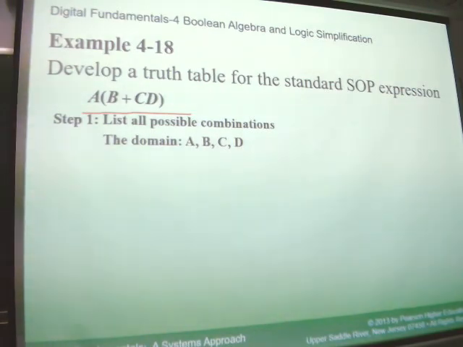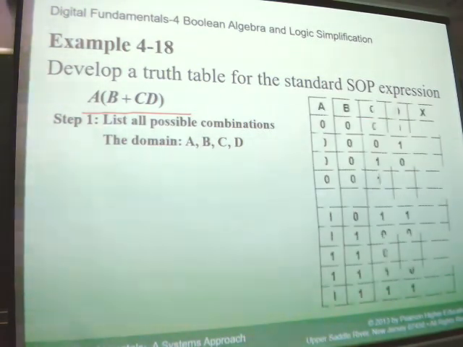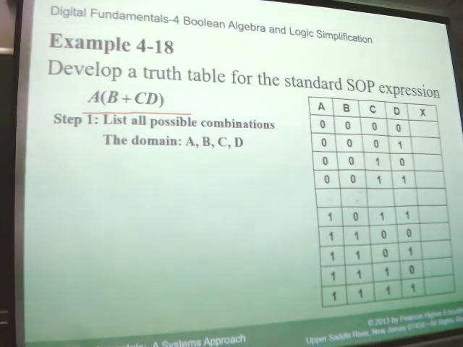The domain includes 4 variables, A, B, C, D. So there are 2 to the power of 4, that is 16, possible combinations, from 0 to 15.